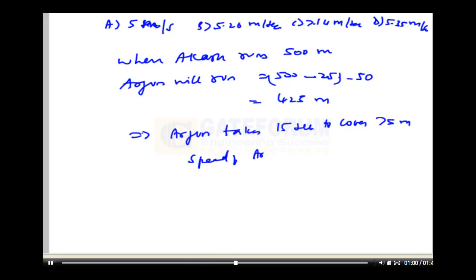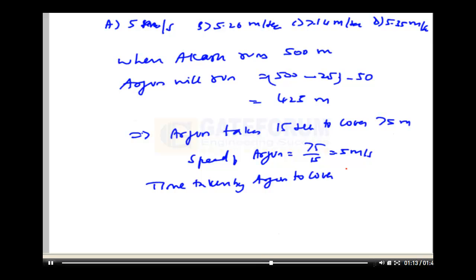So speed of Arjun, 75 by 15, that is 5 meters per second. From there you can find the time taken by Arjun to cover 425 meters. 425 by 5 is 85 seconds.